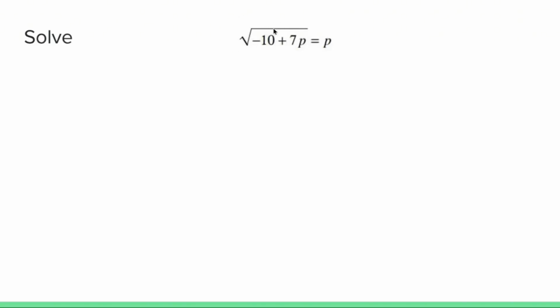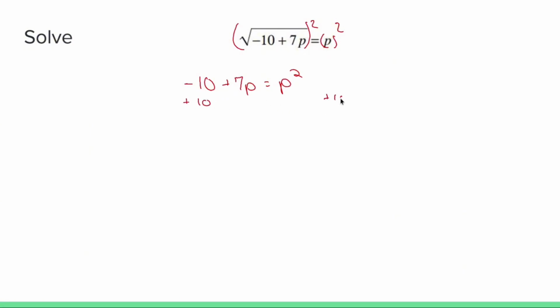Solve the square root of negative 10 plus 7p equals p. Well, in order to get rid of this square root, let's square both sides like so. The square and the square root cancel each other out, so negative 10 plus 7p equals p squared. Now what I'm going to do is move everything to the right because this looks like a quadratic problem. So I'm going to add 10.